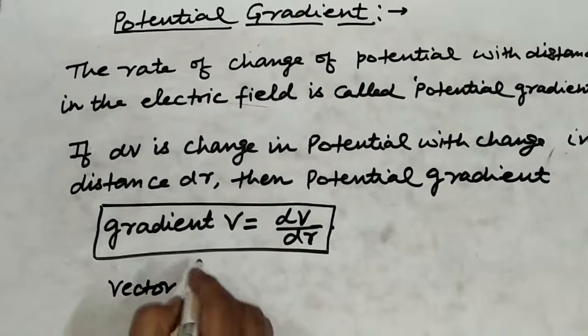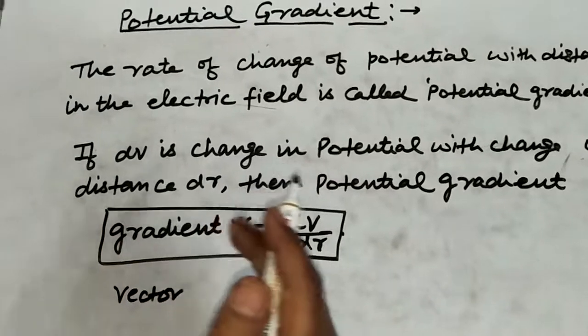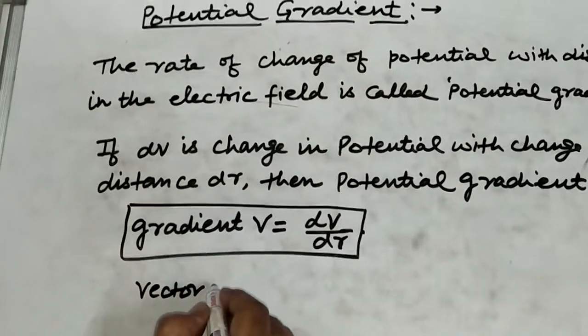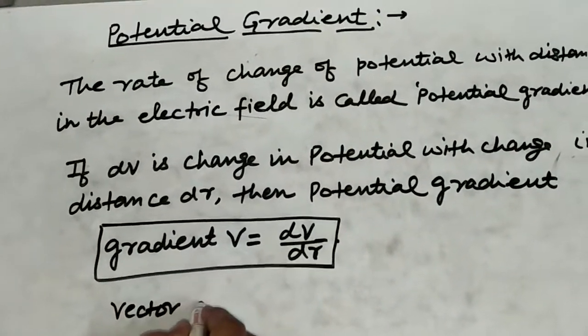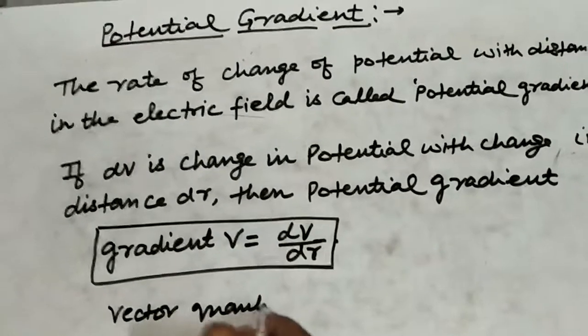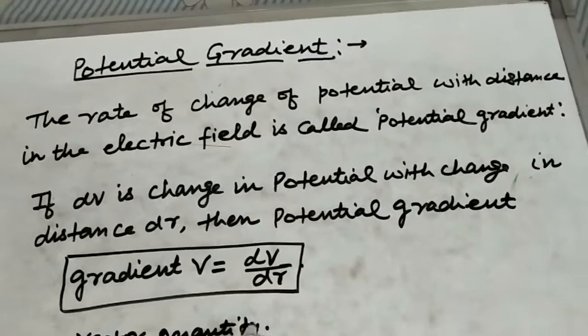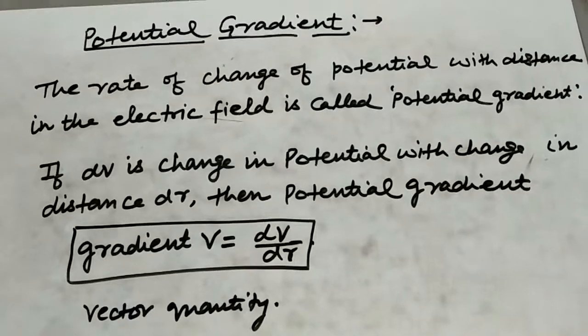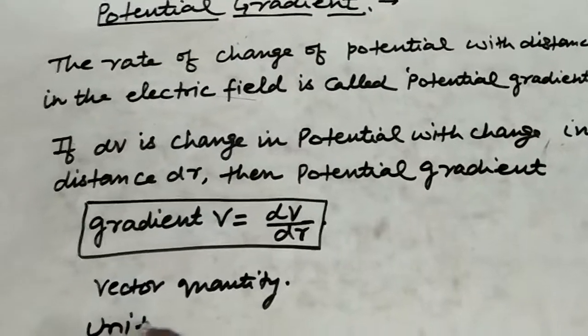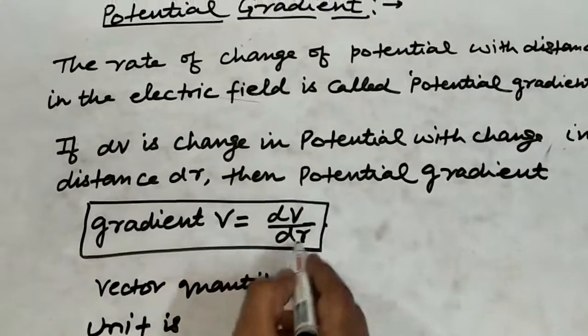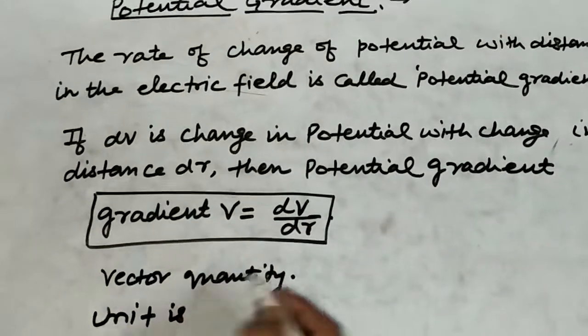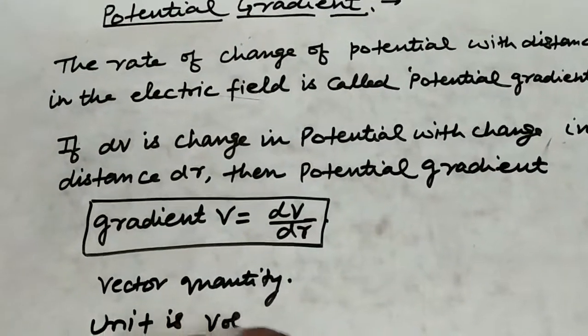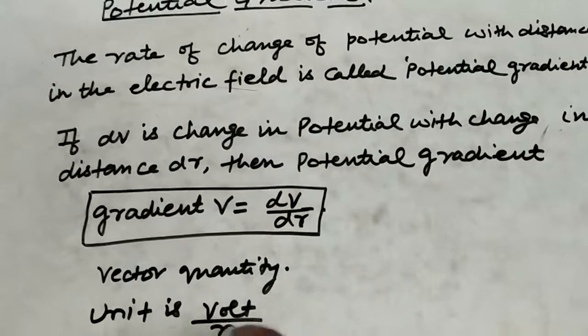Always remember this, the gradient of a scalar quantity is always a vector. So it is a vector quantity, and its unit is dV upon dr, means change in potential with respect to distance. So we can write volt per meter.